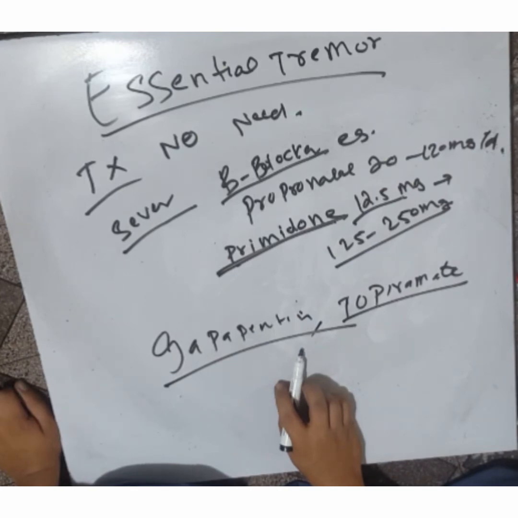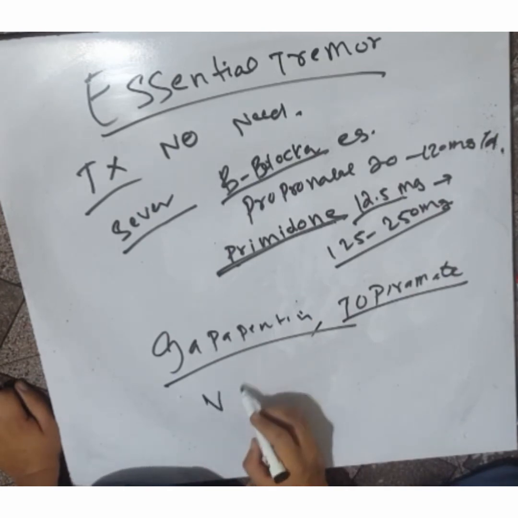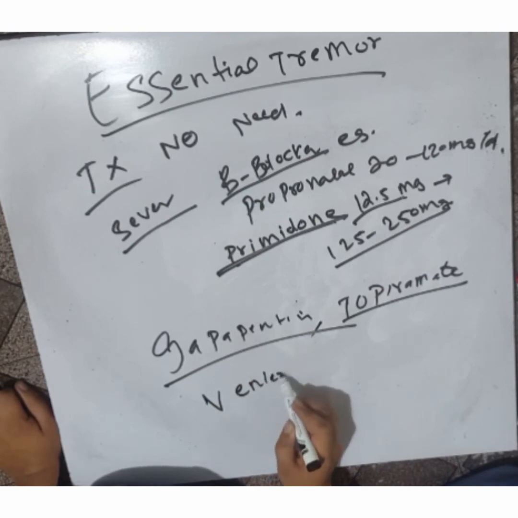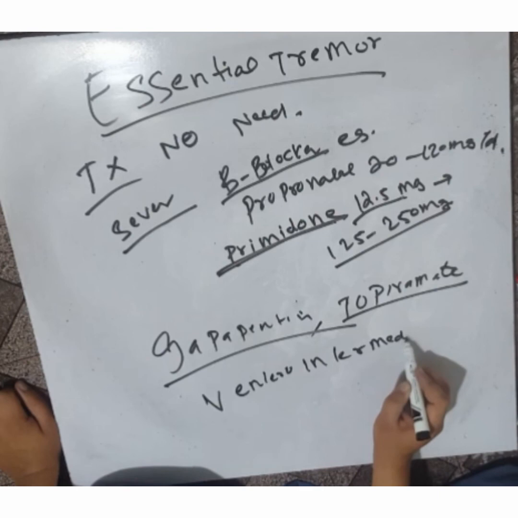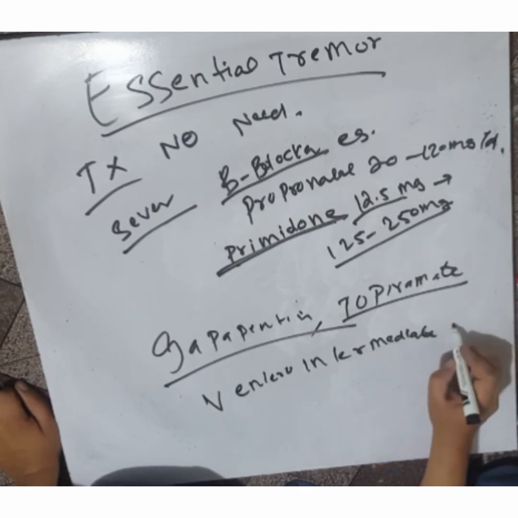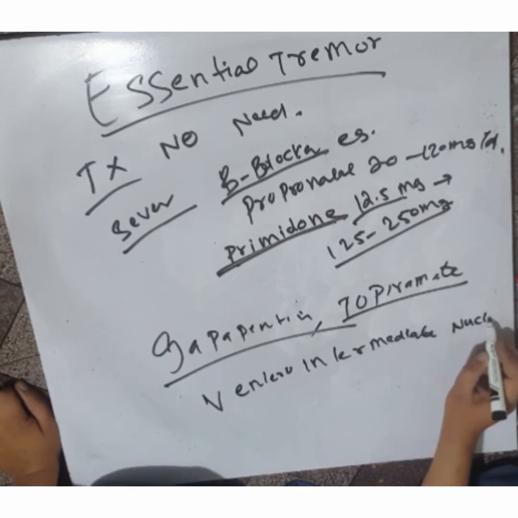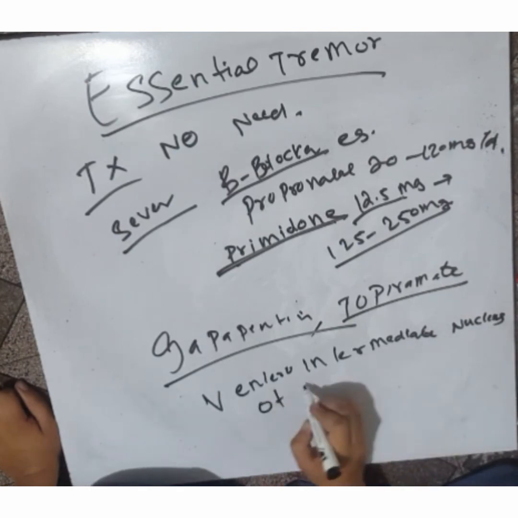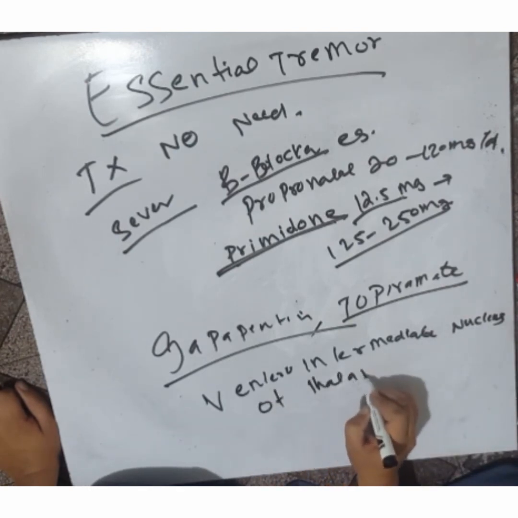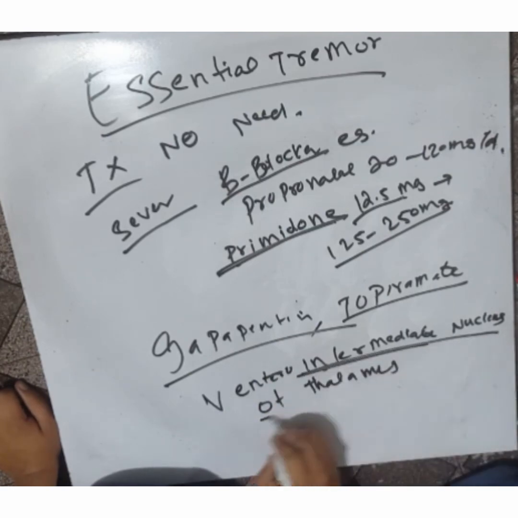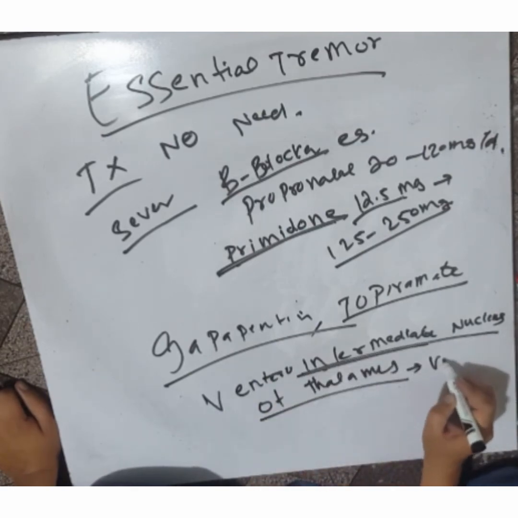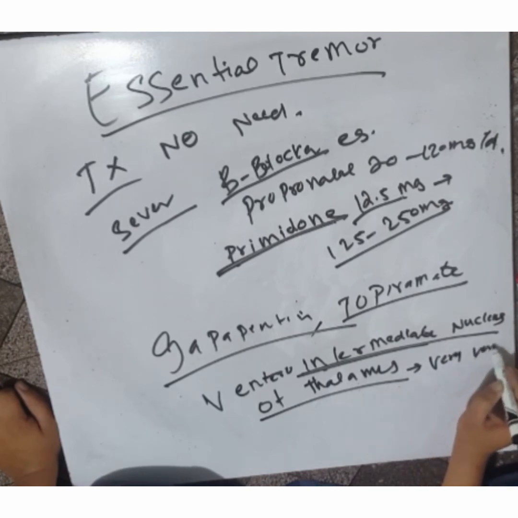The best treatment is surgery in very severe cases of the essential tremor. The surgery is on the intermediate nucleus of the thalamus. This is very effective.